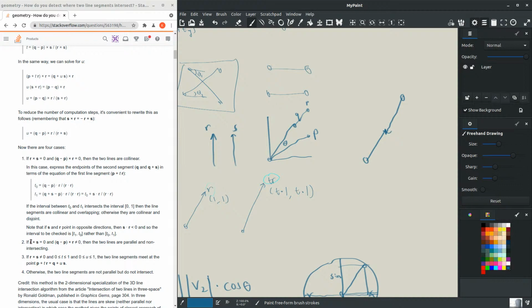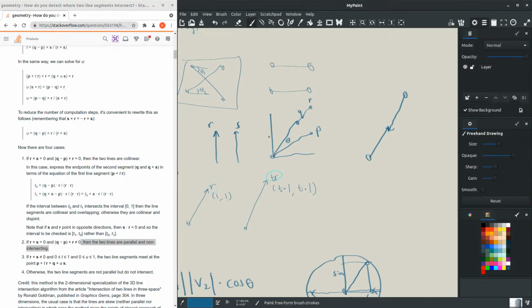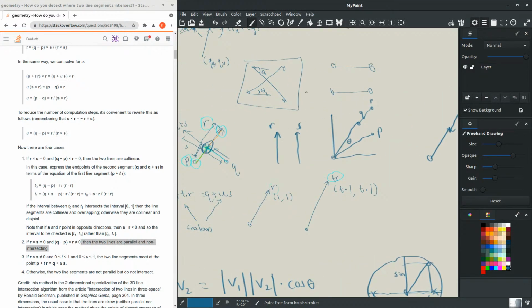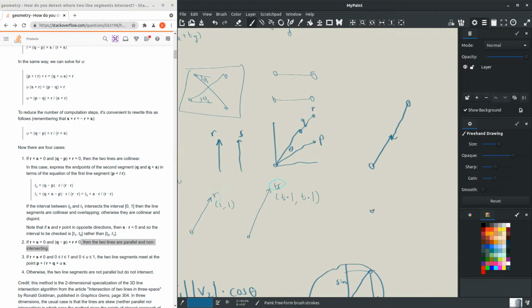Now, let's look at case 2, which is R cross S equals 0 and Q minus P cross R is not 0. Then these lines are parallel and non-intersecting. So let's take a look at what that means. So we already talked about what happens if R cross S is 0, then that means that they're facing the same directions. These vectors are parallel, right?